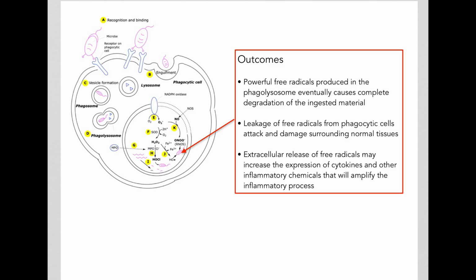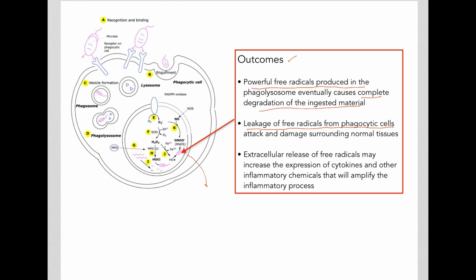So some of the possible outcomes of this phagocytosis include the following. One, the powerful free radicals that are produced in the phagolysosome will lead to the complete degradation of the ingested material. Another possible outcome, there could be leakage of free radicals from the phagocytic cells.